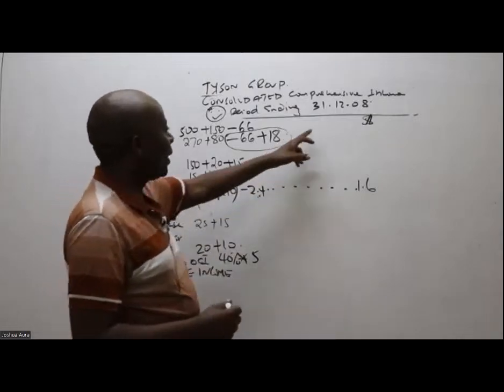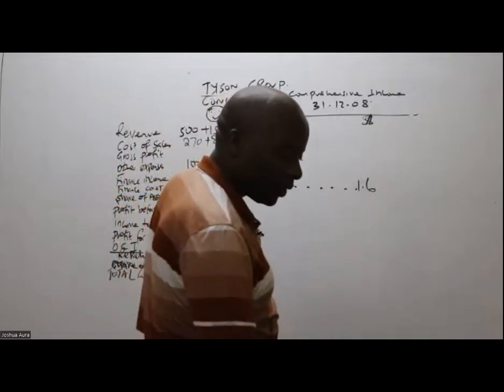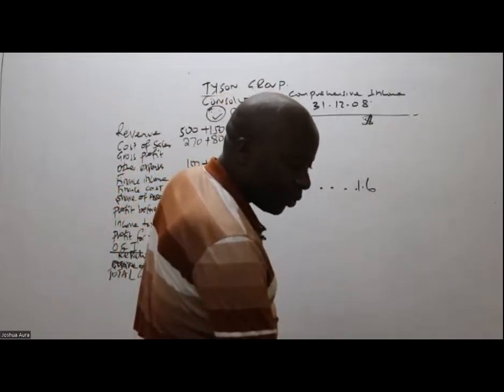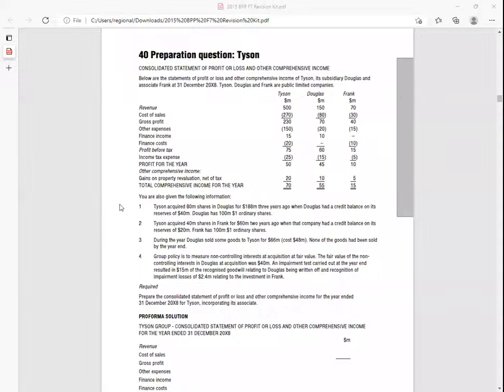So they're giving me figures here. They're telling me consolidated revenue. Why not 40% of 4? Good question. Why not 40% of 4? Normally, if you look at this one, they're telling us about recognition of impairment losses of 2.4 million relating to the investment in Frank.